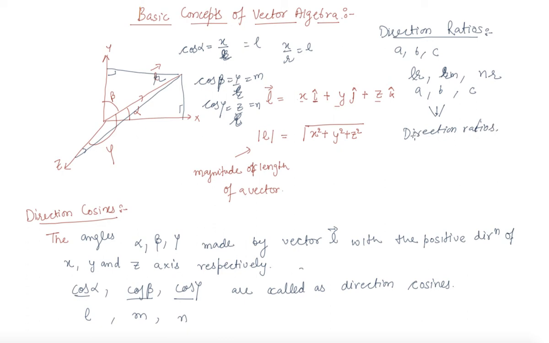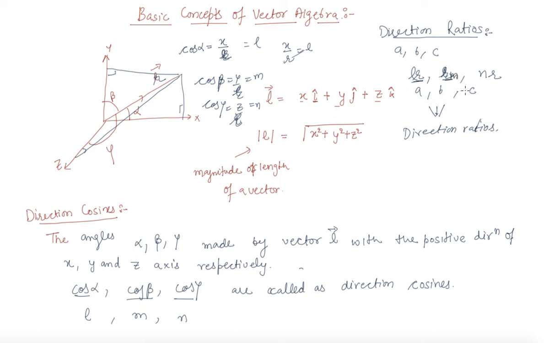Okay, so once again I am restating it. The term x equals lR is the direction ratio in the x direction, this is the direction ratio in the y direction, and this is the direction ratio in the z direction.